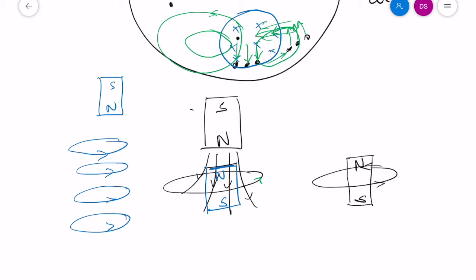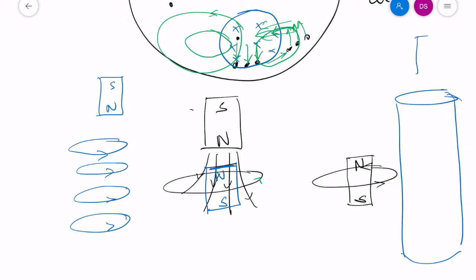What if, instead of a series of loops, you had an aluminium rod? Aluminium is a good conductor, though it's not magnetic at all. So now if you let a little magnet drop through this aluminium tube, there will be plenty of eddy currents which will form loops.